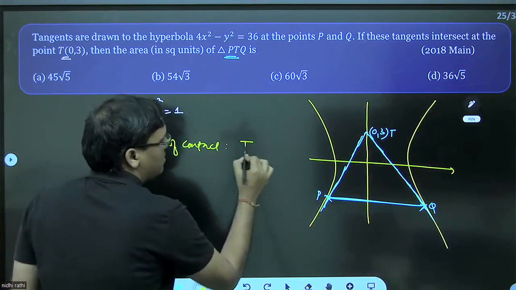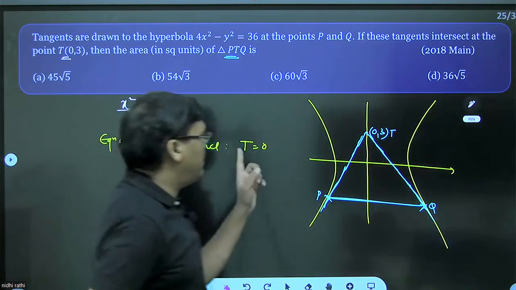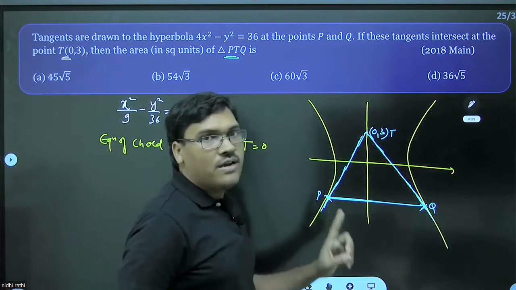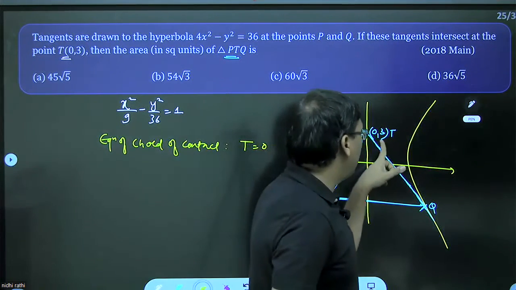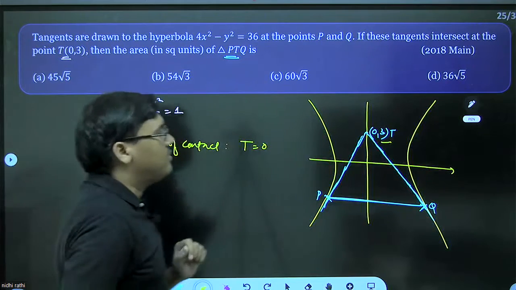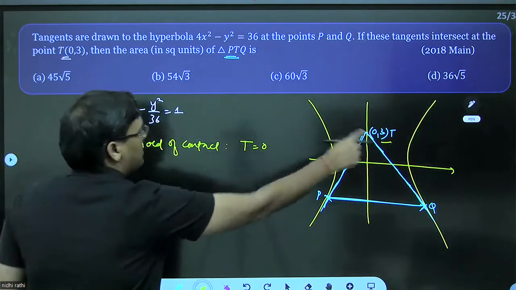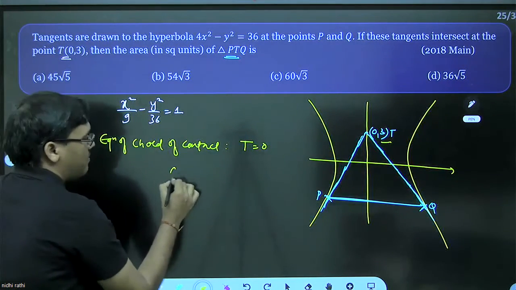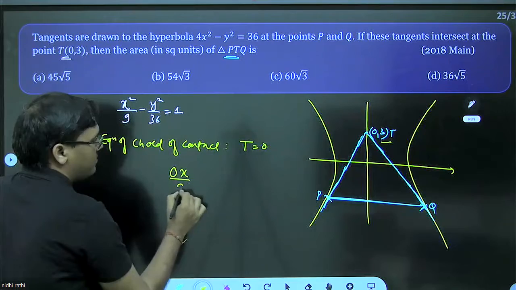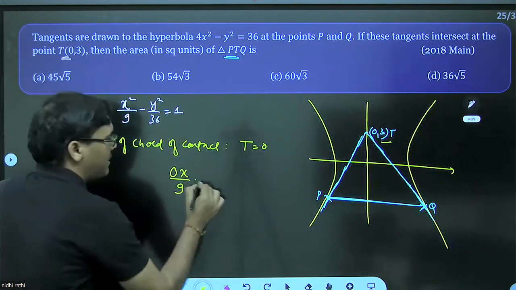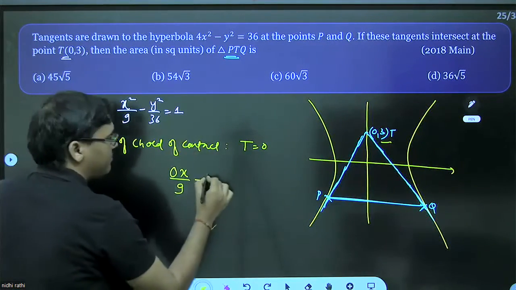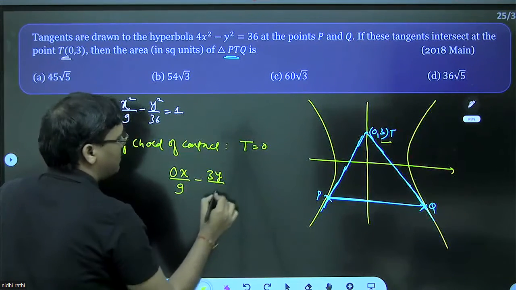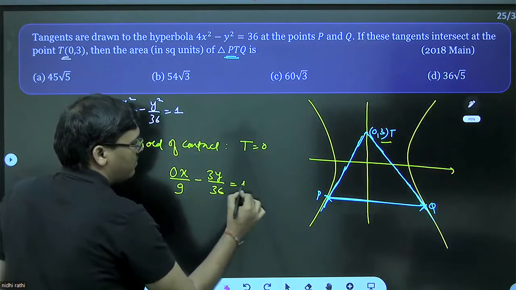This is also T equal to 0, but for point T, that is (x1, y1), the point is outside. Now, what is the equation of the chord of contact with respect to (0, 3)? Replace x squared with x x1, minus replace y squared with y y1, that is 3y, upon 36, equal to 1.